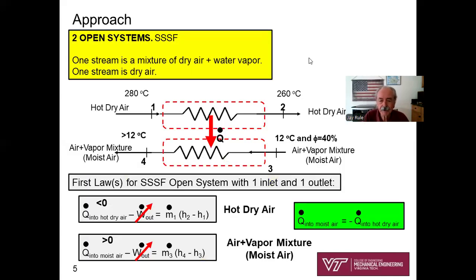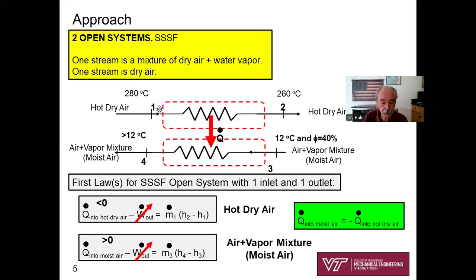Well, let's see. There were 2 approaches, and this is the preferred approach for this solution using the psychrometric chart. What I want to do is break our heat exchanger into 2 separate steady state, steady flow, 1 inlet and 1 outlet open systems.